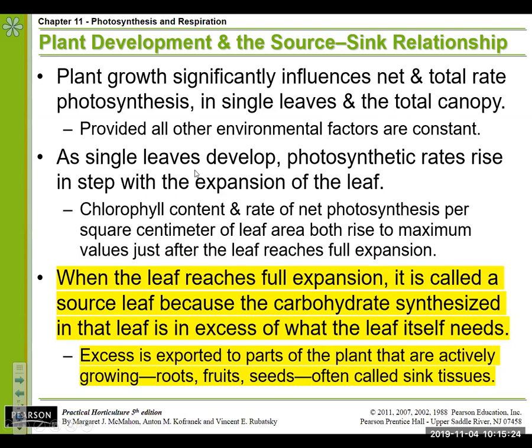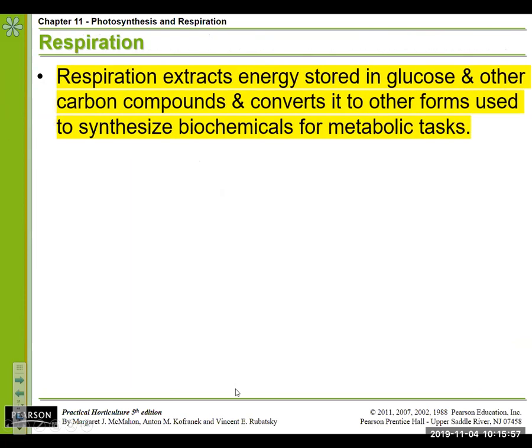So it's a source for sugar, and it's moving those sugars through the phloem to other tissues of the plant that are actively growing. So at some point, the leaf stops growing once it reaches its full size. It moves those excess sugars that it's creating to other parts of the plant to utilize it for growth. Those other parts, those tissues that are absorbing those sugars, we call sink tissues. So it's a source and it's a sink, and it's part of that cycle that's happening within just the plant itself.